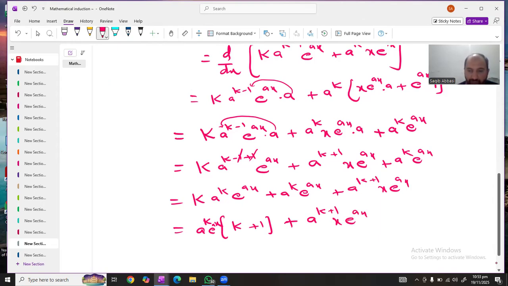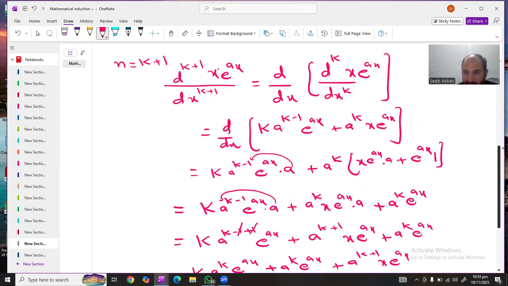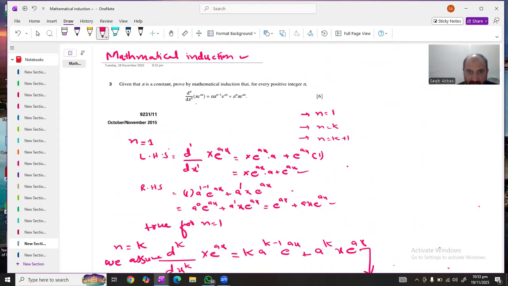So we require this answer, because actually our need is this one. We put n as k plus 1: (k plus 1) a power k minus 1 plus 1, e power ax plus a power k plus 1 x e power ax.